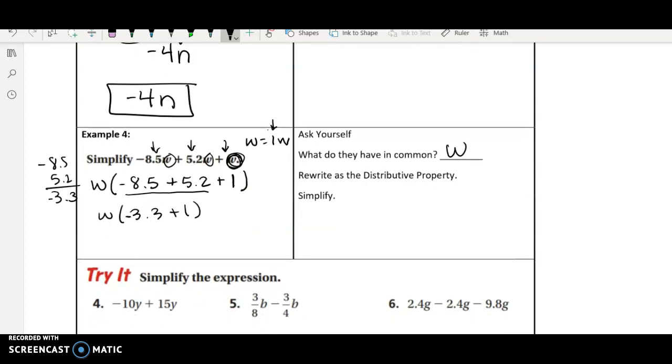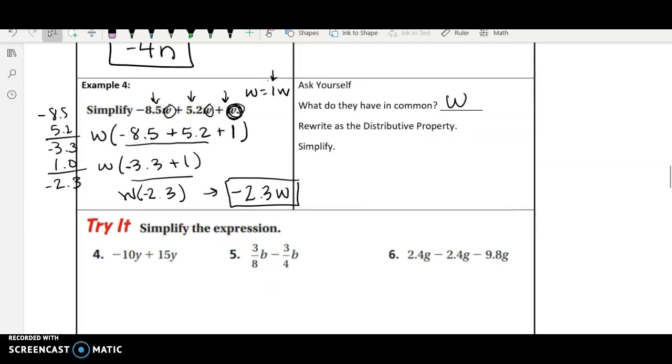And now I have to subtract again because they're different signs. So I'm going to subtract 1. So I get 2.3, and it's going to be negative. So now I have 2.3, it's negative, and then my w. So when I write my answer, I'm going to say negative 2.3w. And that is the simplified expression.